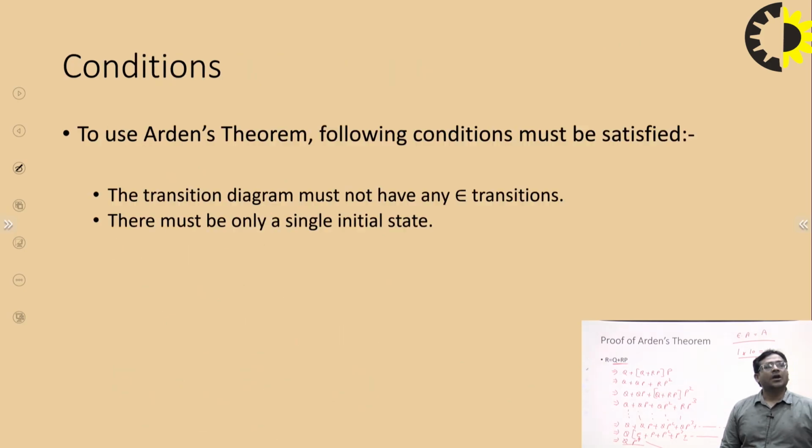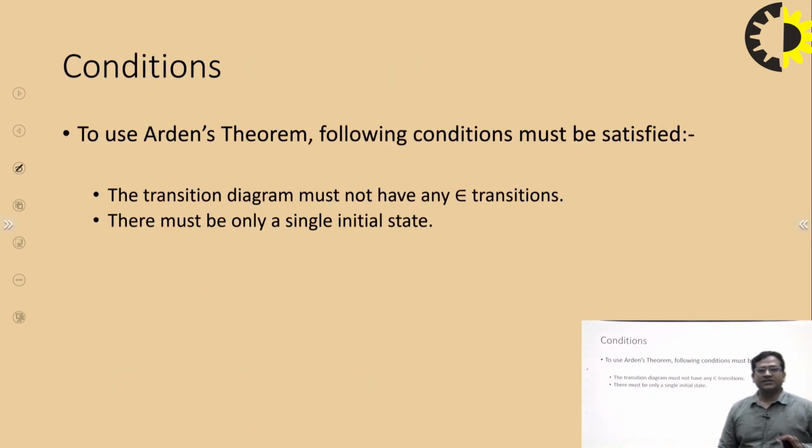Okay. Now, what is the condition basically? We can find the regular expression for a given deterministic finite automata. Got my point? So, to use the Arden theorem, the following conditions must be satisfied. There are two conditions.